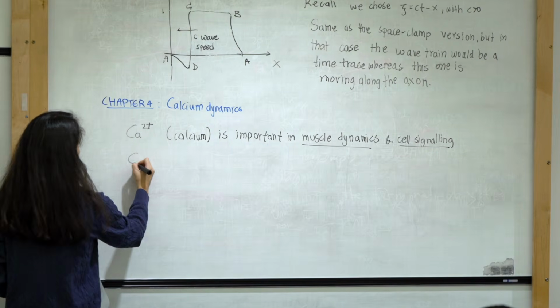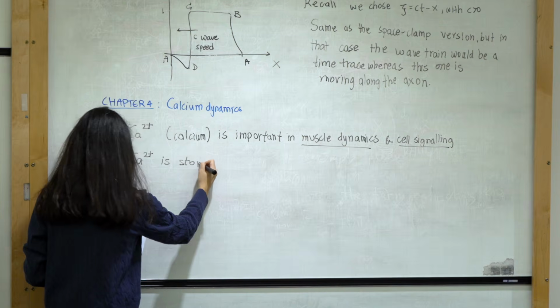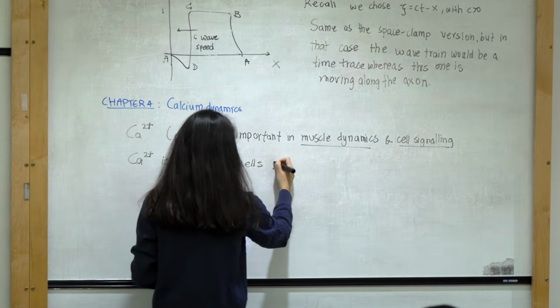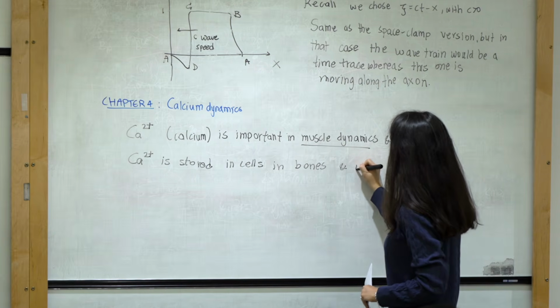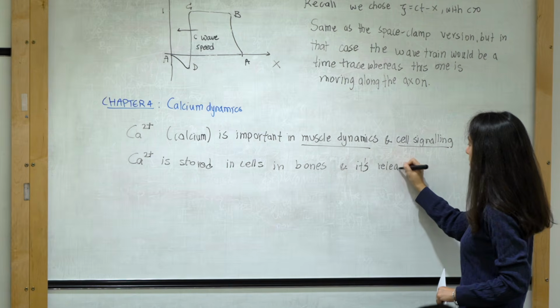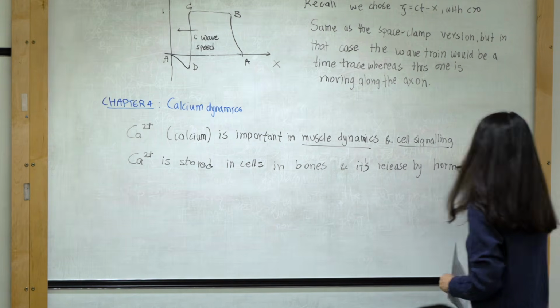So the calcium is stored in our cells, in bones, and it's released by hormonal stimulation.